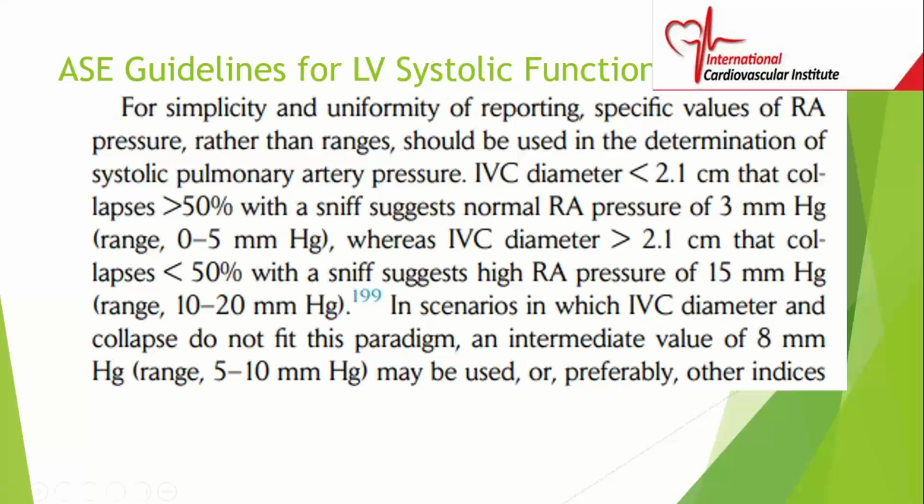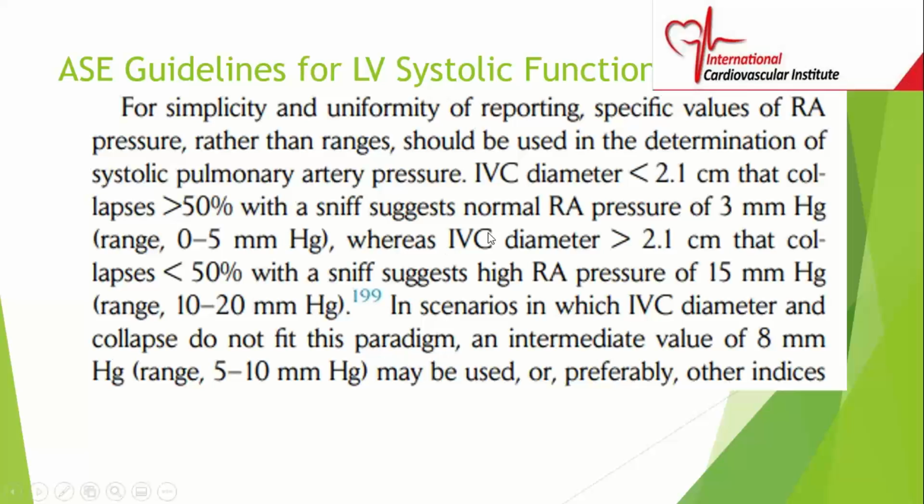So for simplicity and for reporting purposes, we're going to simplify the whole thing. So if the IVC is less than 2.1 centimeters and it collapses more than 50% with inspiration or with a sniff, it suggests that the right atrial pressure is normal, and you give it a value of 3. The range, however, is 0 to 5.